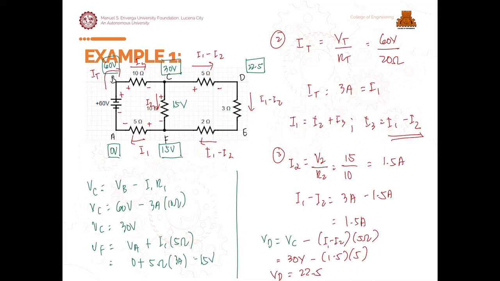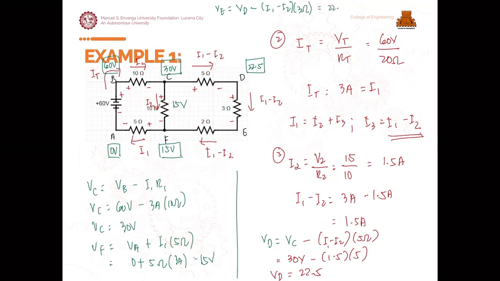Now the flow of our current going to E is downward. Again, current enters at the positive and exits at the negative, but the voltage will be towards negative. So we have a voltage drop again to get E. So VE will be equal to VD minus, because we have a voltage drop, I1 minus I2 times the ohm value of the resistor there.